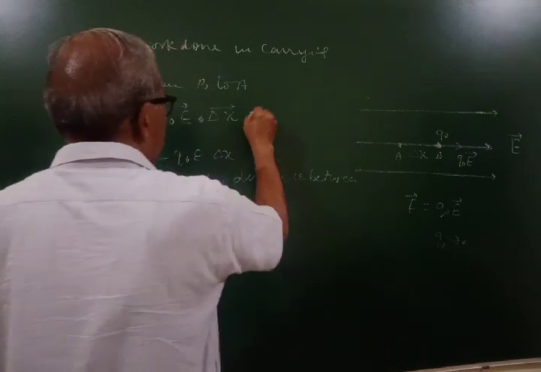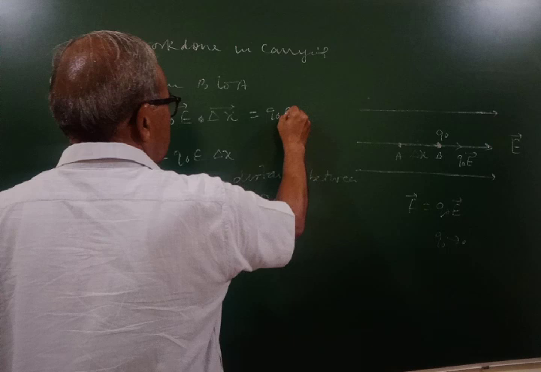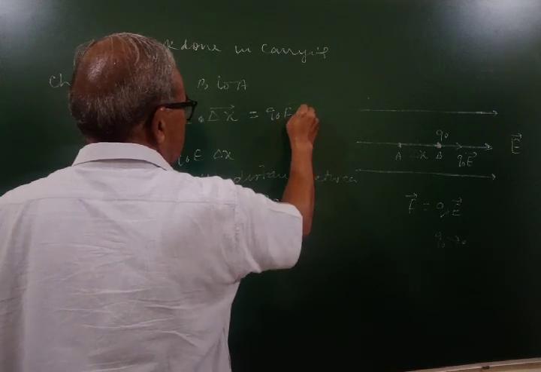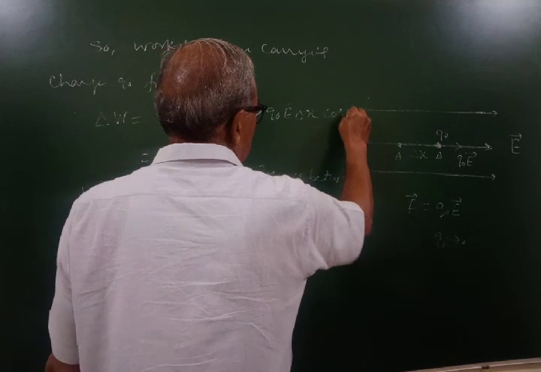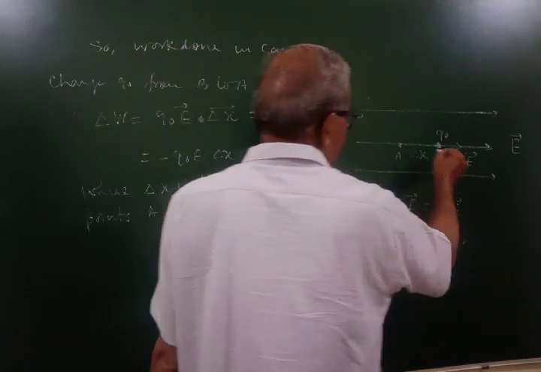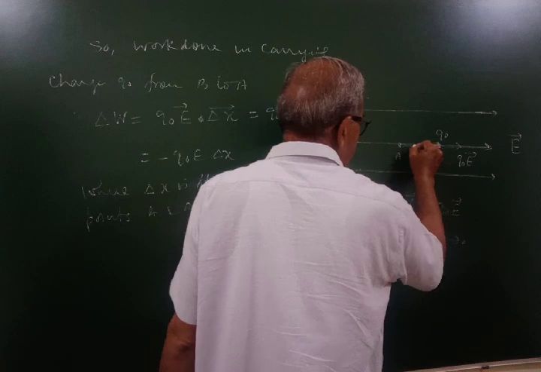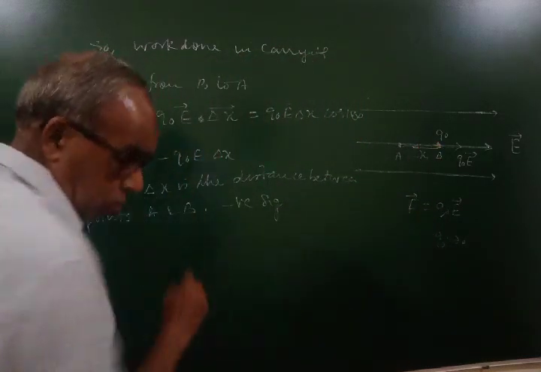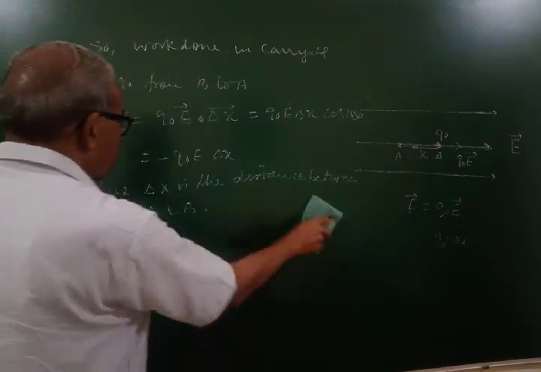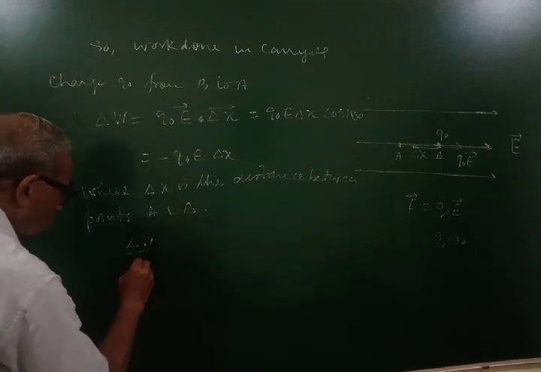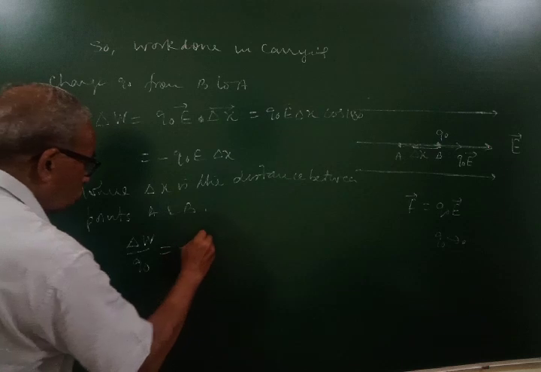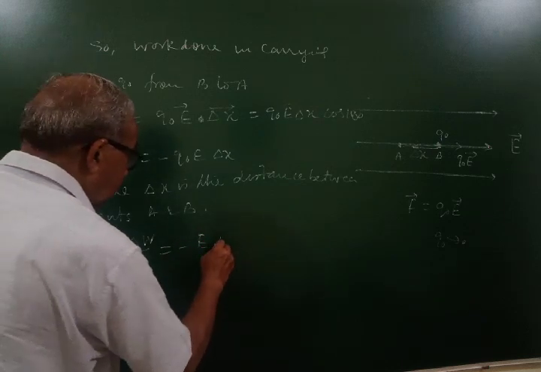You can write here Q0E delta X cos 180. Why cos 180? Because the force is in this direction and the displacement is in this direction. So minus this. Or delta W upon Q0 is equal to minus E delta X.